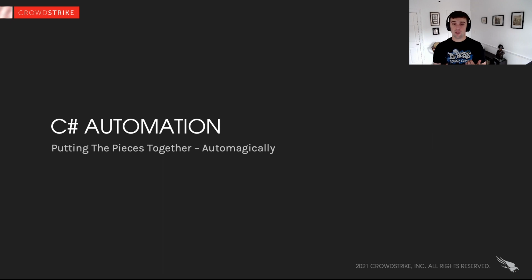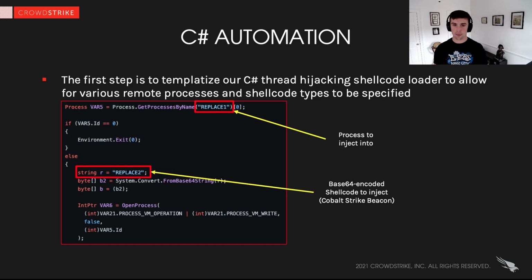So how do we automate this all in C#? How do we put all these pieces together automatically? So we have a shellcode loader that performs the remote injection that we just showed in the previous slides, and this is done in C#. For modularity purposes, we can templatize the .cs file to allow an operator to dynamically specify a given process and the shellcode they would like to execute.